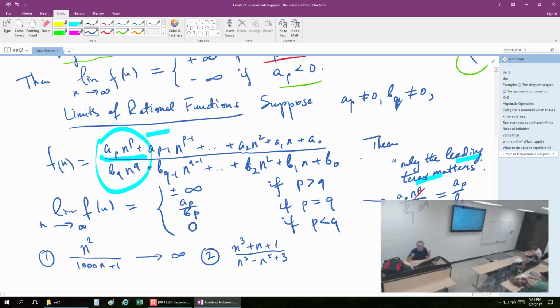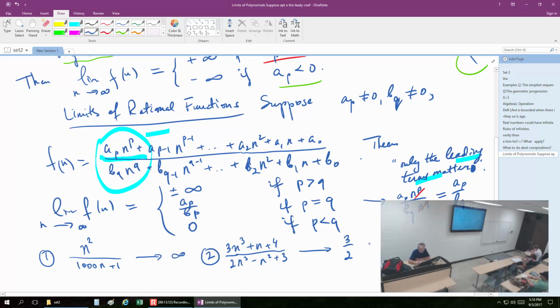How about this way: 3n cubed plus n plus 4 divided by 2n cubed minus n squared plus 3, and I'm adding up terms without thinking because those terms don't matter. If we're talking about the limit as n goes to infinity, only the leading terms matter. So, well, there you go. We are left with 3 halves.